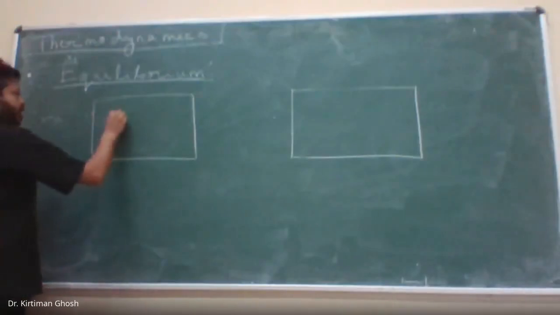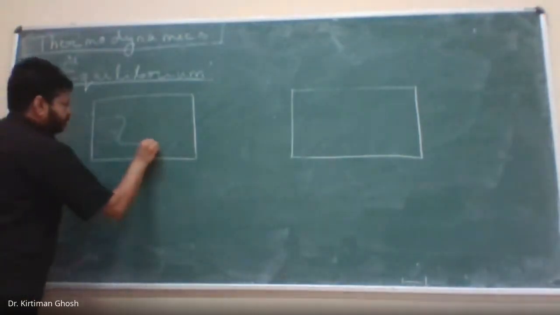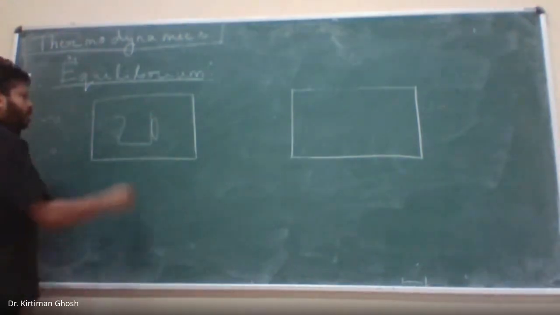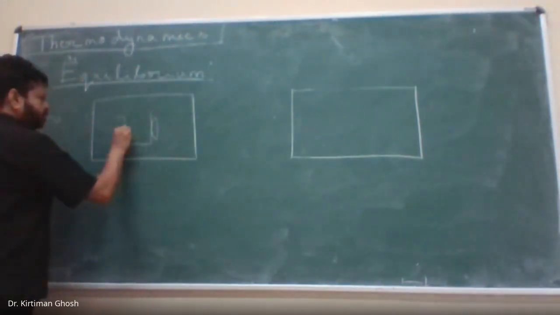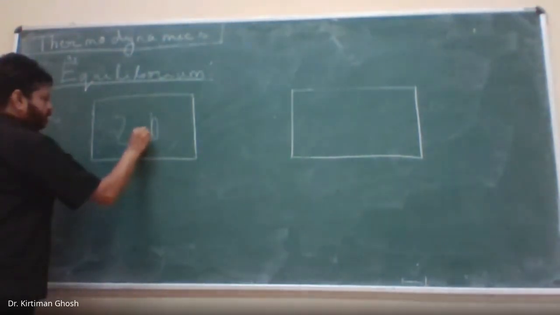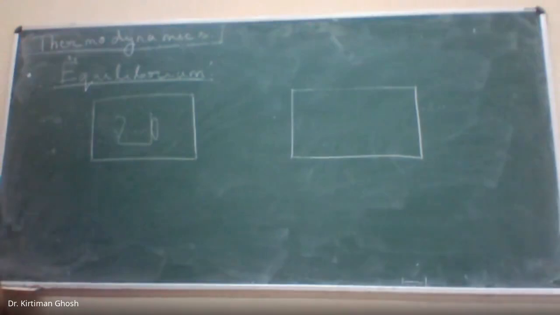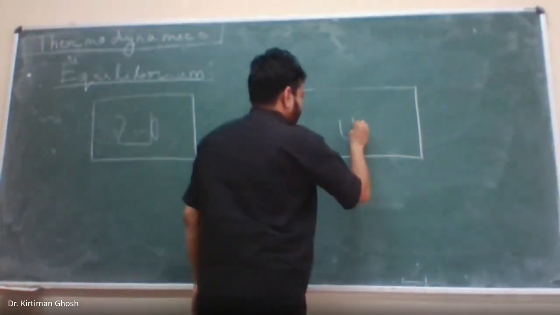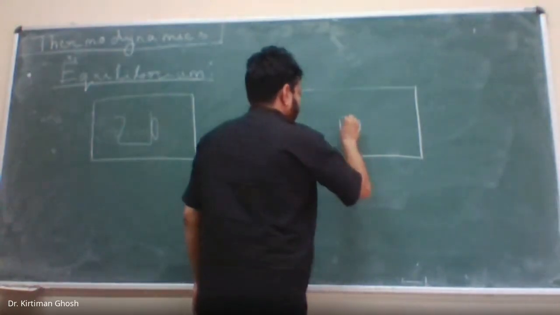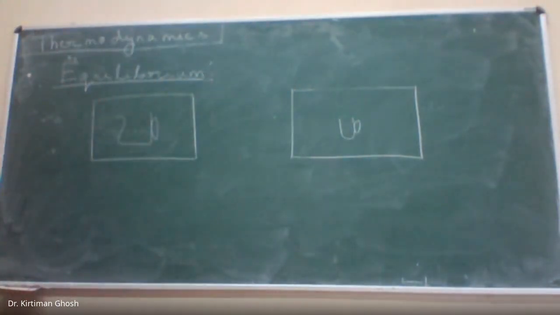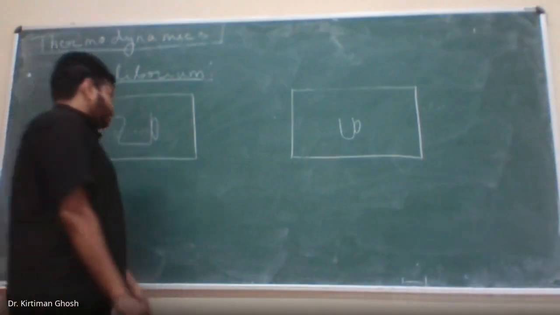In one box, I have a jar of solvent. This jar is full of some cold drink, some solvent. Okay, and in another box, I have a cup of coffee. So these are my two systems. They are isolated from each other and they are also isolated from the surroundings.